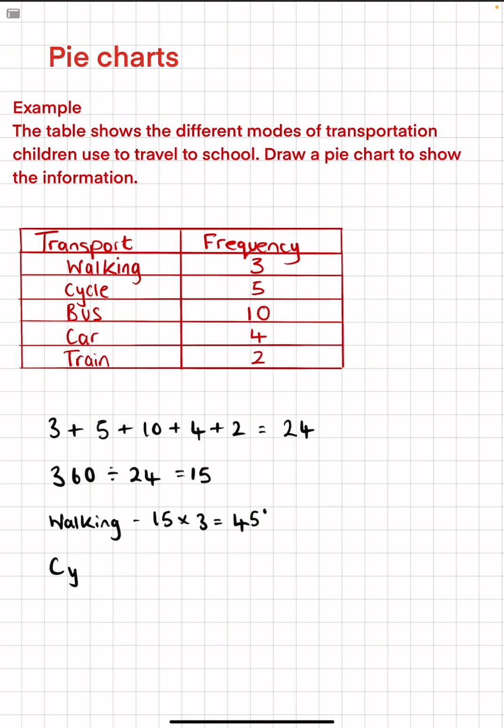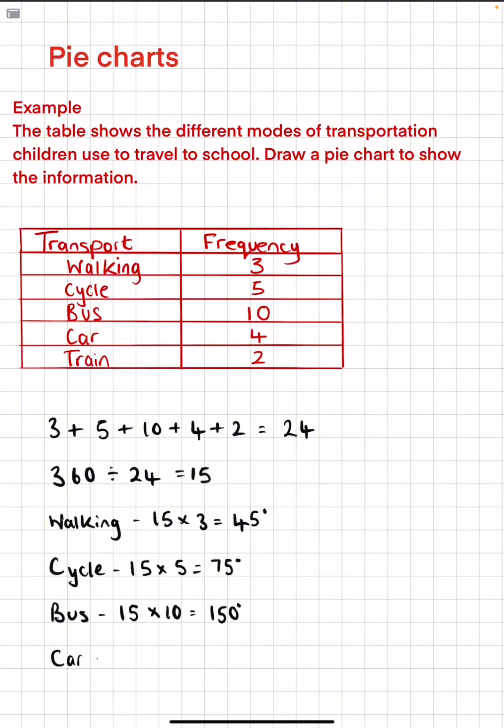Cycle, 15 multiplied by 5, which equals 75 degrees. Bus, we've got 15 multiplied by 10, which equals 150 degrees.